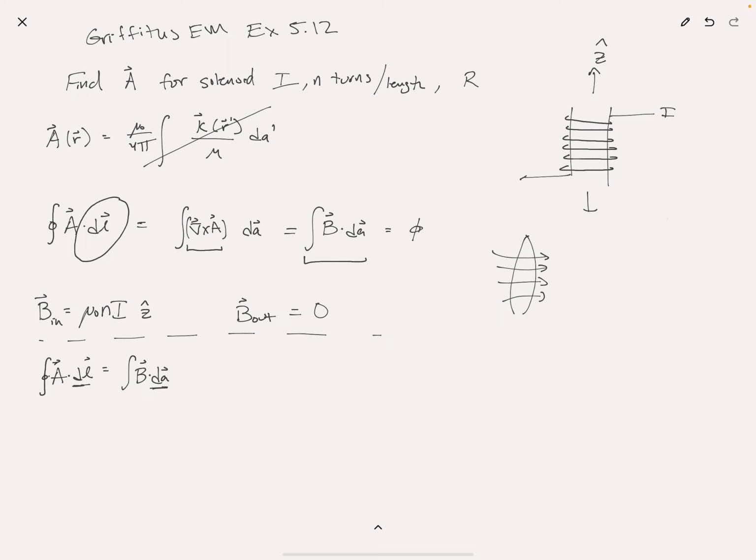Okay, so I'm going to draw my solenoid again here, and I know that the magnetic field inside is all pointing up, and I need to pick a path that has some sort of magnetic flux that goes through it.